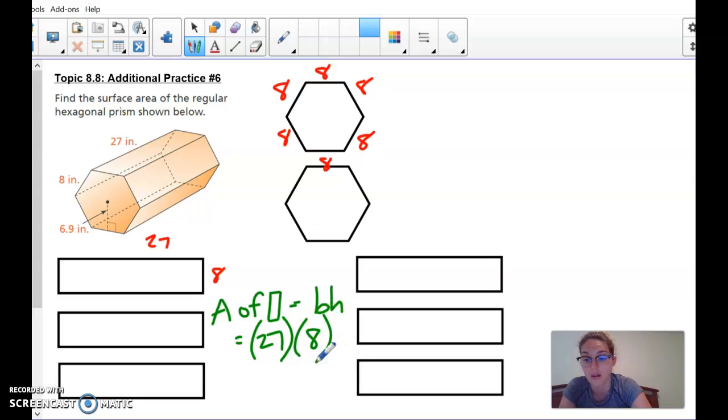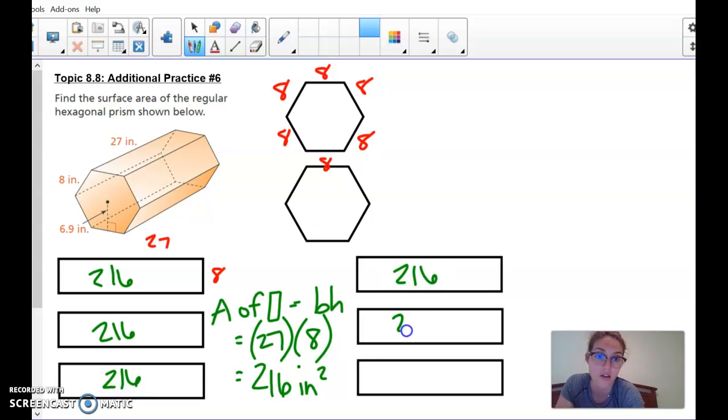So if I pop that into my calculator, 27 times 8 is going to be equal to 216 inches squared, which means that the area of every single one of these rectangles is 216 inches squared. 216 for that one, 216 for that one, 216 here, 216 here, 216 here, and 216 there. All of the areas of all those rectangles are all 216 inches squared, and I found that by just doing one equation.